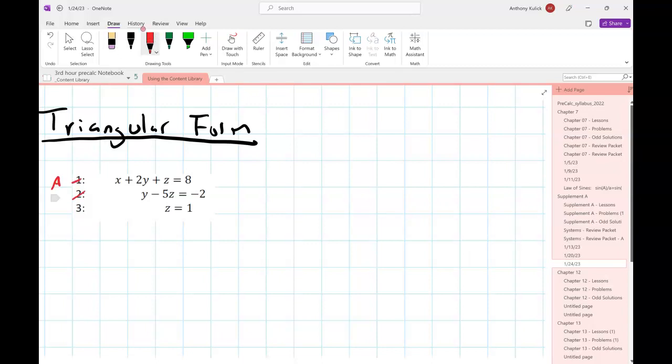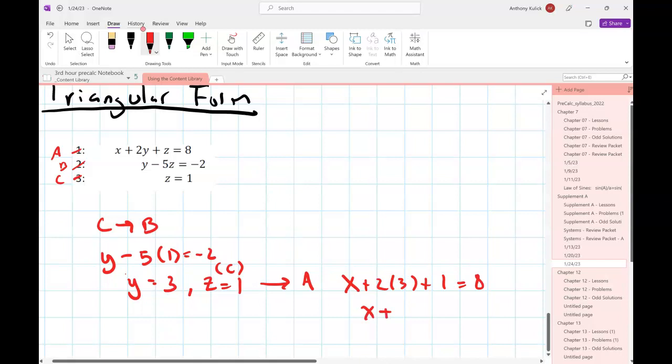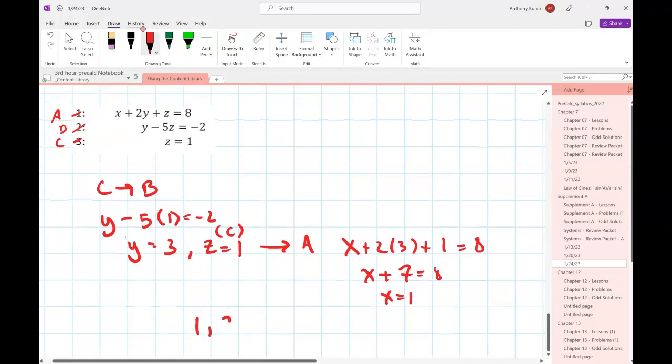Again, I'm going to call these A, B, and C. So we're going to plug C into B. And then we're going to plug in that solution along with C into A. And so we're done.